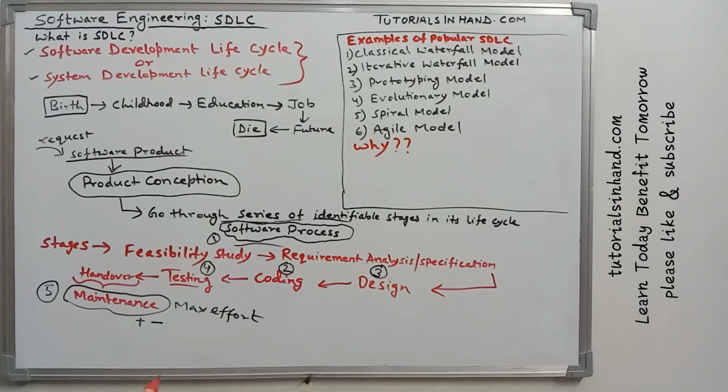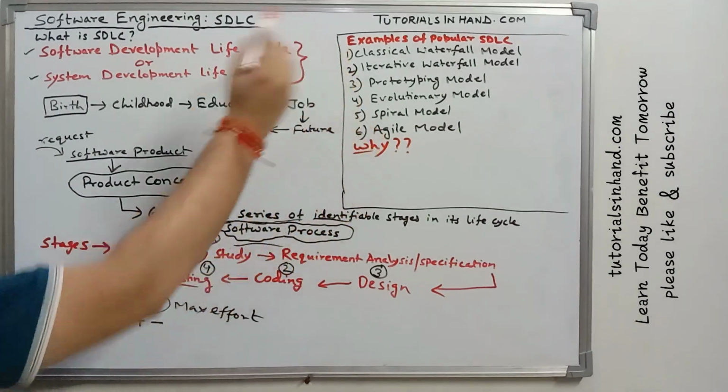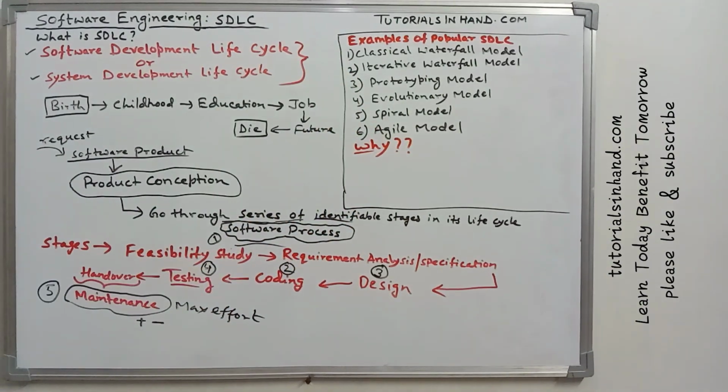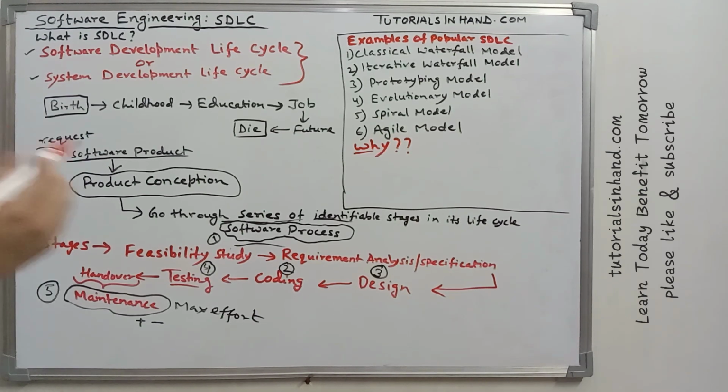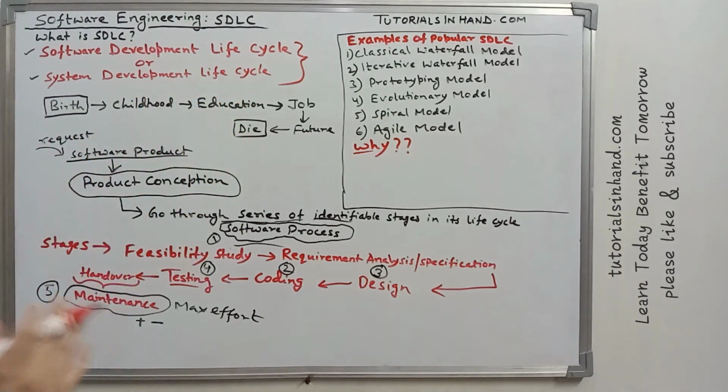Now the question arises, why do we need these life cycle models, right? Can't we just start preparing and making the product without following any life cycle model? You can do that, but it will take time and you need to figure out different things, because when you start from scratch, you might find different problems for which you need to find the solutions, which these models have already found out.